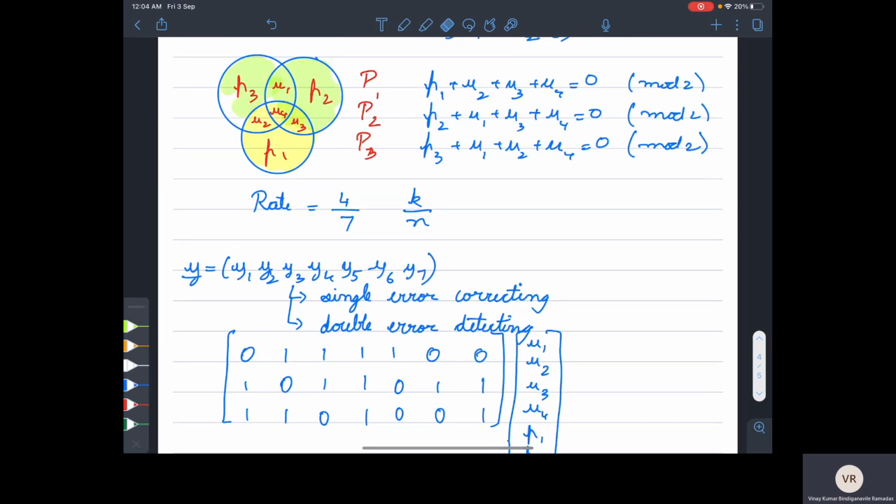It should be equal to 0. Okay. So I'll skip the mod 2 from now. It is understood that all the operations are being done on binary vectors.